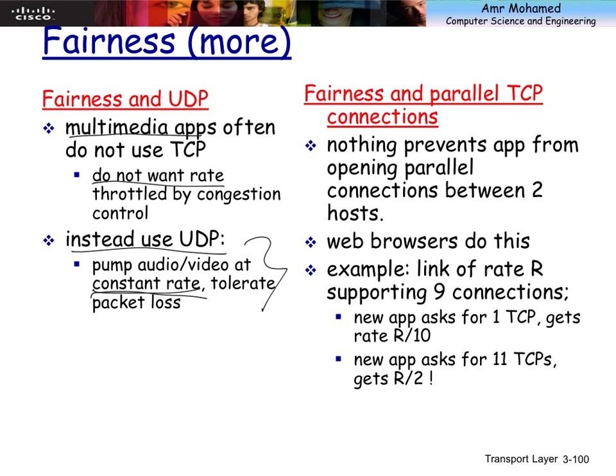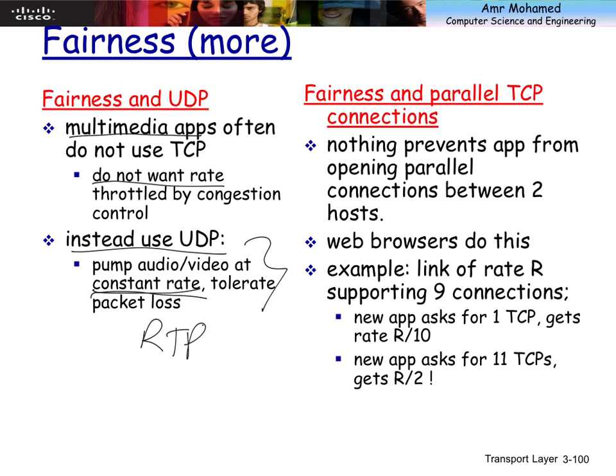So the way they do that is by using different flow control techniques like what we call RTP, real-time protocols. So RTP on top of UDP can provide flow control, okay, without getting into retransmission, which is pretty expensive.